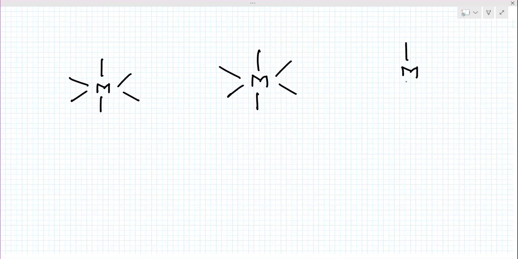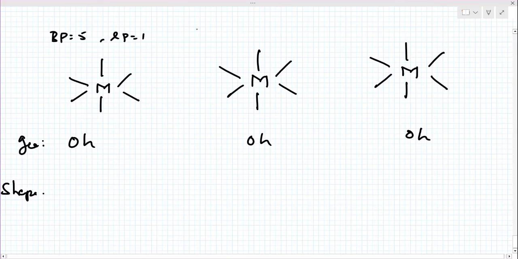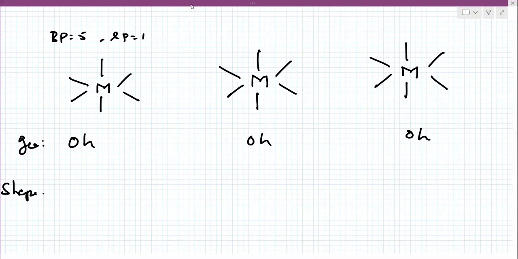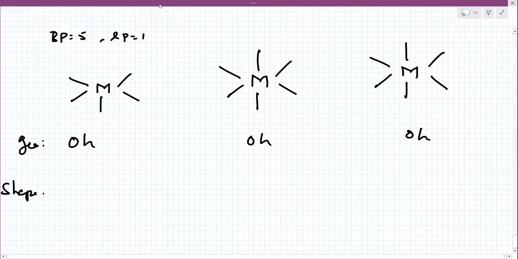Again, central atom 1, 2, 3, 4, 5, 6. So all the geometry is octahedral. Now shape is very important. In the first case, bond pairs are 5 and lone pair is 1. Where do I put the lone pair? Axial, right? If I remove one axial position, I put the lone pair there.